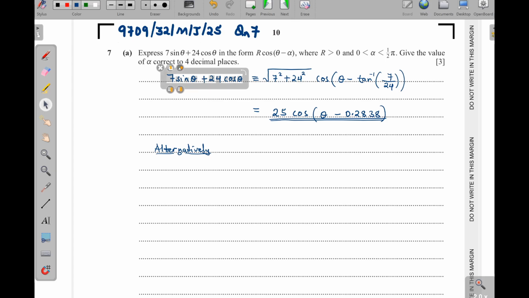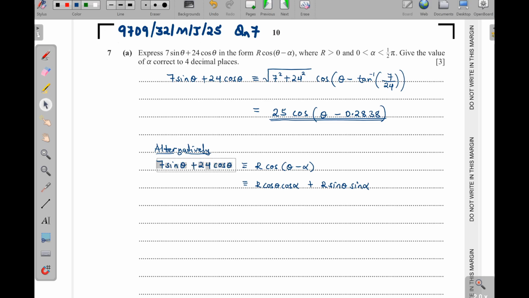This is equal to r cosine of theta minus alpha. Using compound angles, this will be cosine theta cos alpha, then plus sine theta sine alpha.